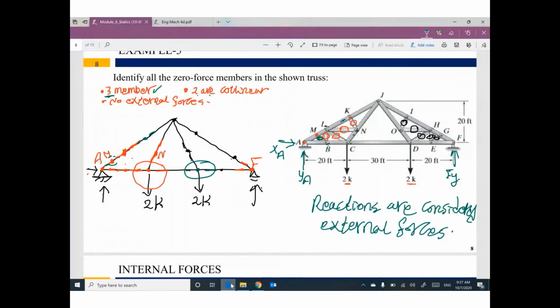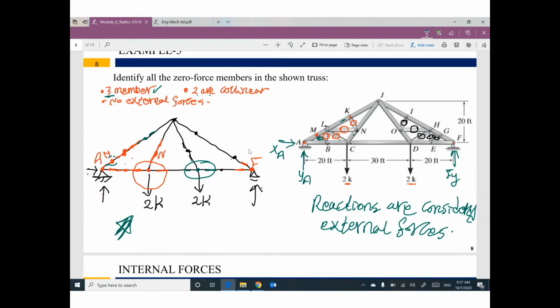I highly recommend you redraw your truss with a pencil so you can delete the 0 force members, because if you delete one, it will probably give you another chance to figure out a new one behind or beside it.